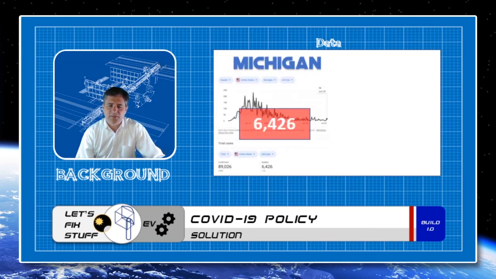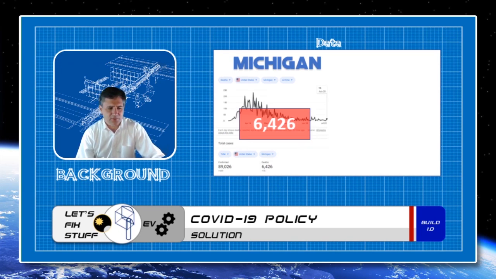So let's look by region, because this ties into different policies. In the United States, a lot of different states took different approaches to government response to the outbreak. And in Michigan, which is where I live, we've had a total of 6,426 deaths, and we have a population of just a little under 10 million people.